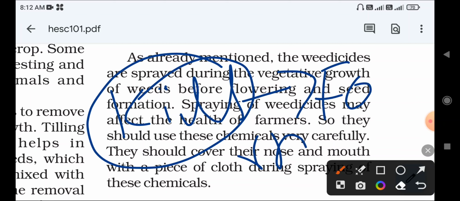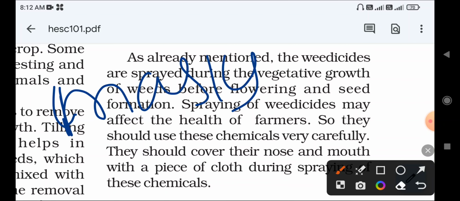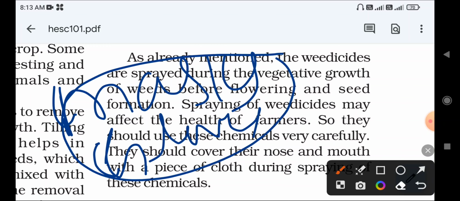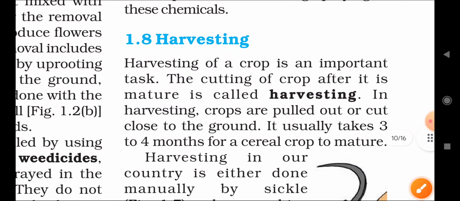So they should take some precaution, using a mask or gloves, which will prevent damage to the health of the farmer. By spraying the chemicals the farmer must use cloth, gloves or a mask to prevent diseases. This is the major point.